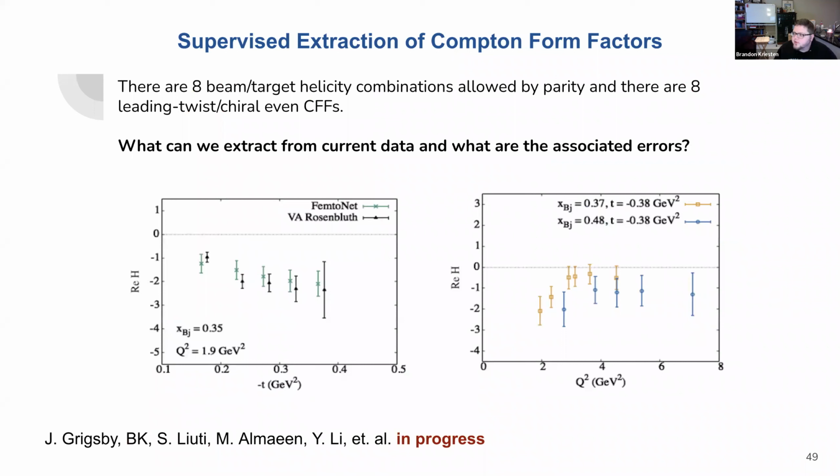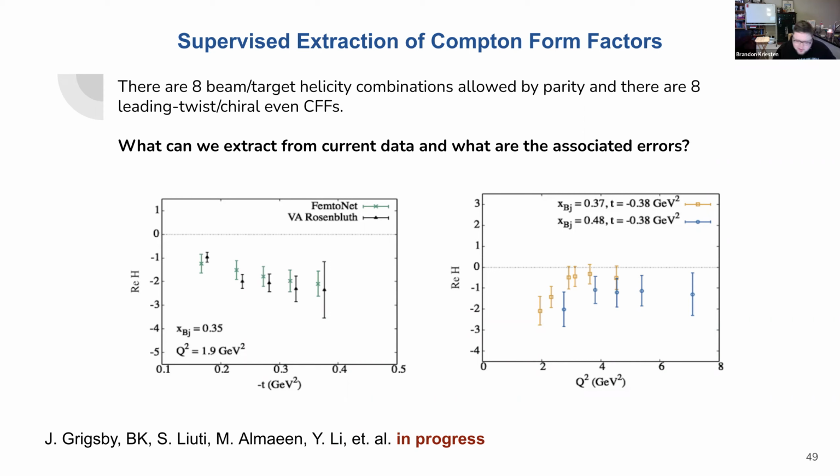So we took a first step towards understanding this by doing a supervised extraction of Compton form factors from the data. So we know, for instance, that there are 8 beam and target helicity combinations allowed by experiment through parity, and that there are also 8 leading twist, chiral even Compton form factors.